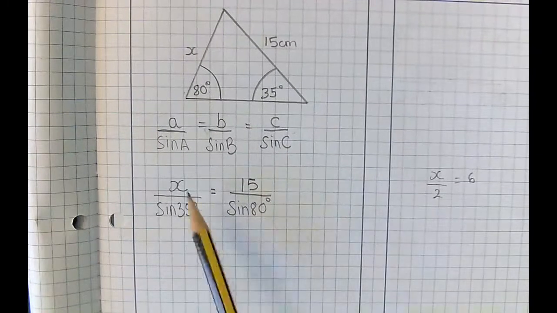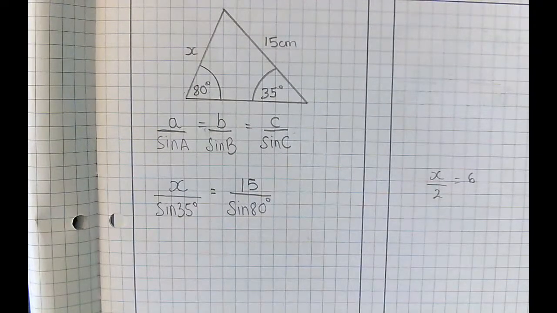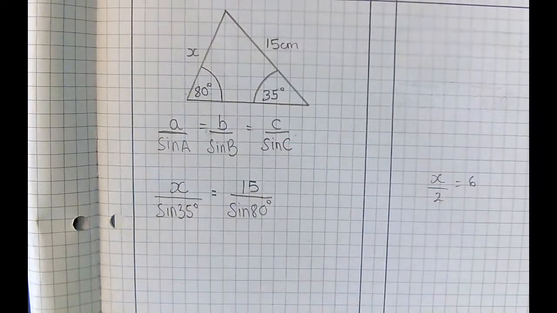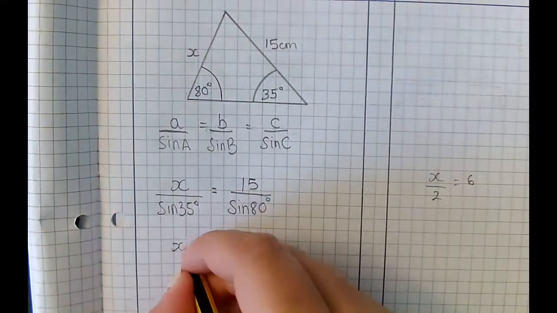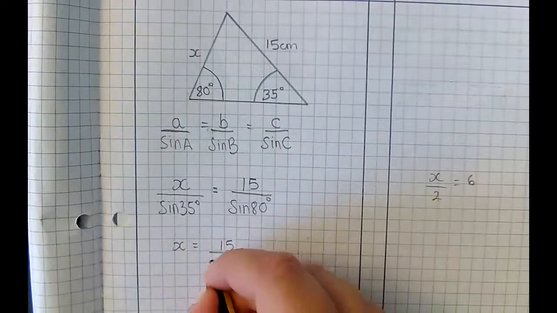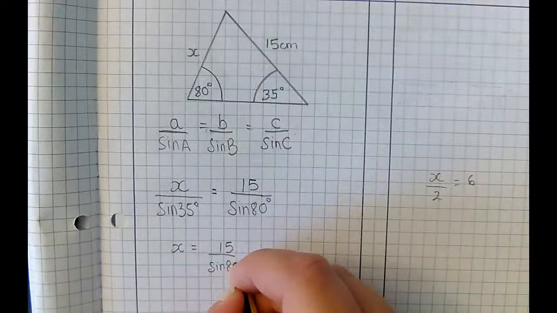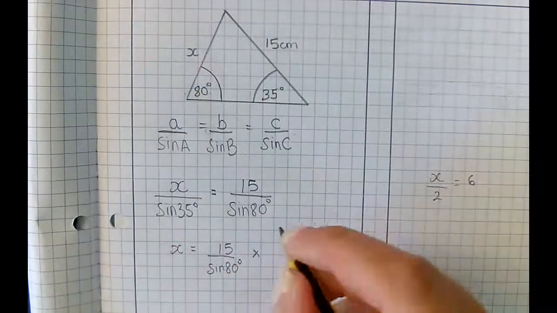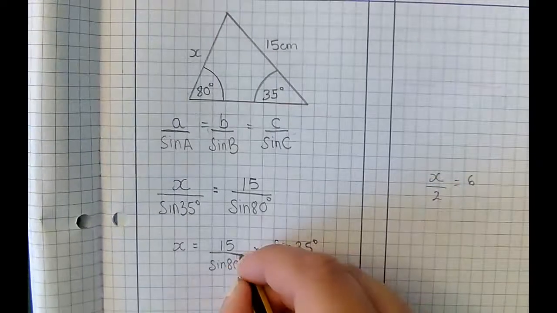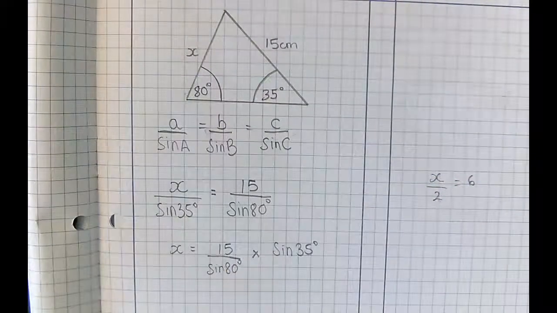To get x on its own, you just need to simply multiply both sides by this denominator here, so that I will be left with x is equal to 15 over sine 80 degrees multiplied by sine 35 degrees. And that is all of your working out.